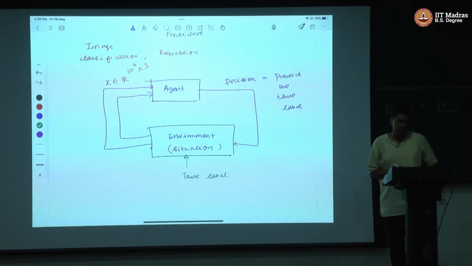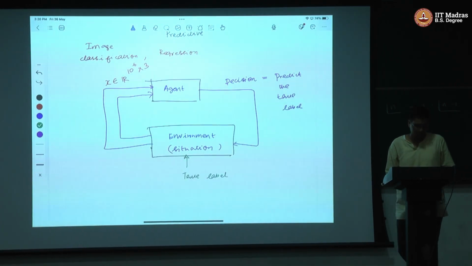Now what is the reward? Suppose the prediction for this is remote, then you would say the reward is 1. If it says something else, you would say the reward is 0.